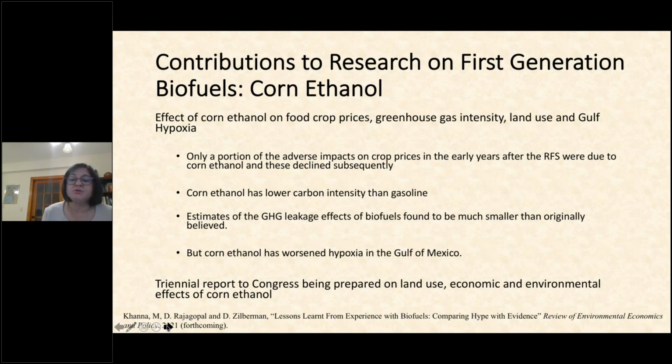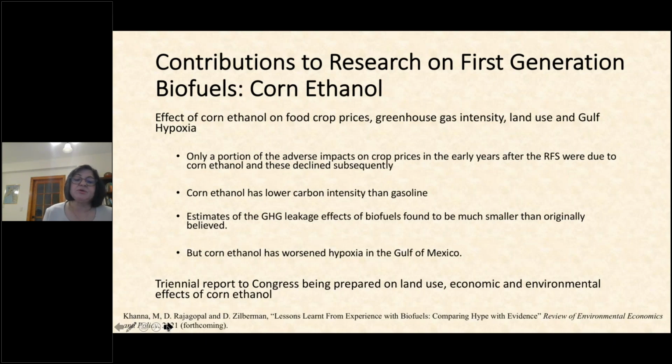But then we also show that, in fact, there are trade-offs. While corn ethanol can reduce carbon emissions, expansion of corn, because it is nitrogen intensive, can in fact increase nitrate runoff and worsen water quality and hypoxia in the Gulf of Mexico. So there is research looking at how we weigh these trade-offs, how we compare these costs and benefits and assess the net benefits of having biofuels.